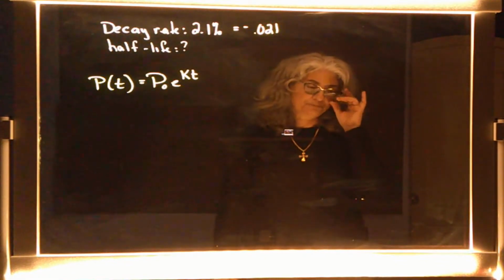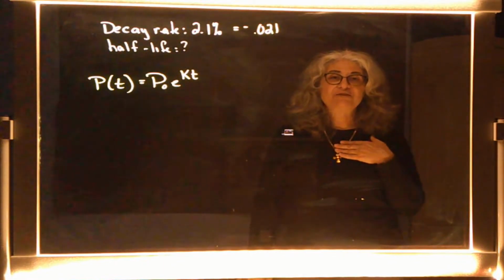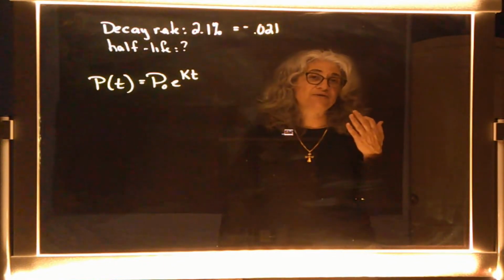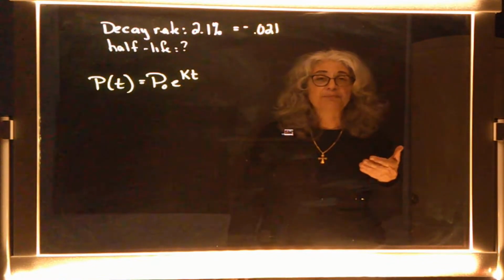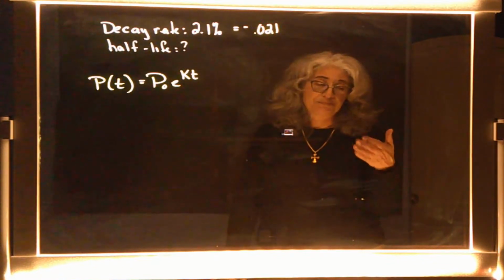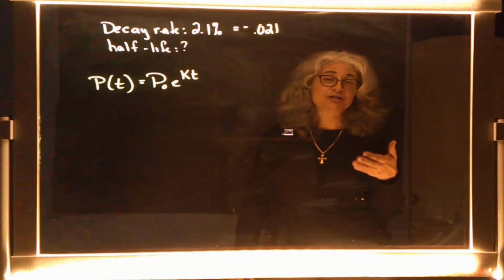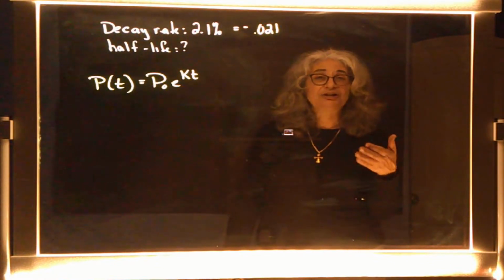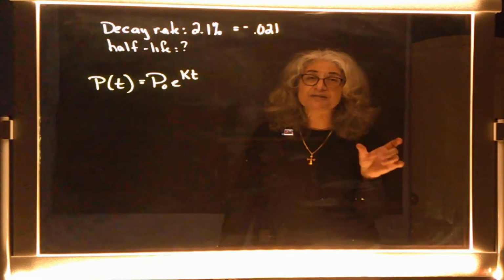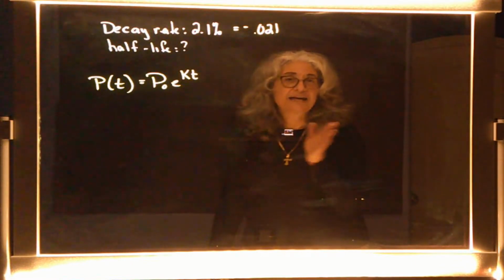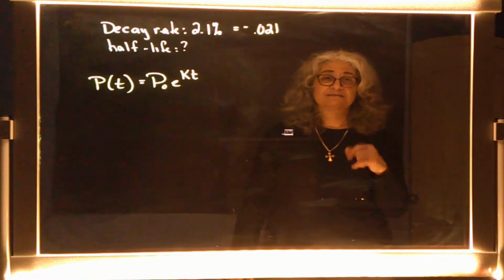For example, if I know the half-life of carbon-14 is 5,280 years, then when I look at that bone and measure the carbon-14 content present, I know that after 5,280 years, 50%, half of it, has decayed. All right?